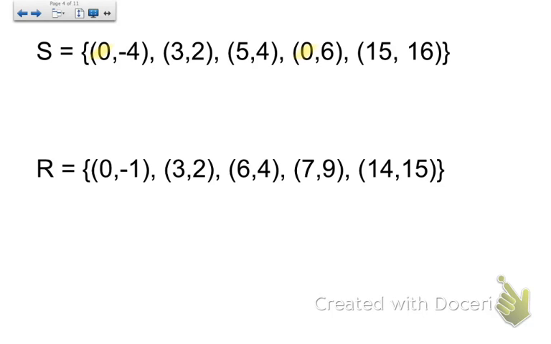So 0 is hanging out with -4, and then 0 is hanging out with 6. 0 is cheating. Okay? So this is not a function. Okay? 0 is paired with two y values.